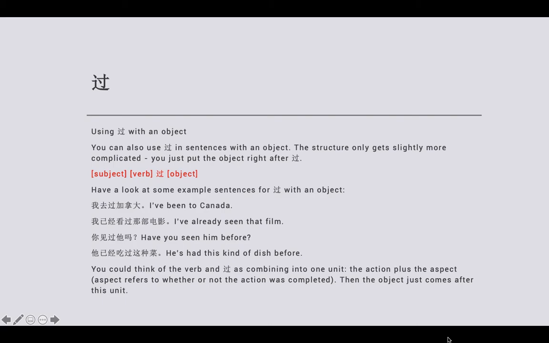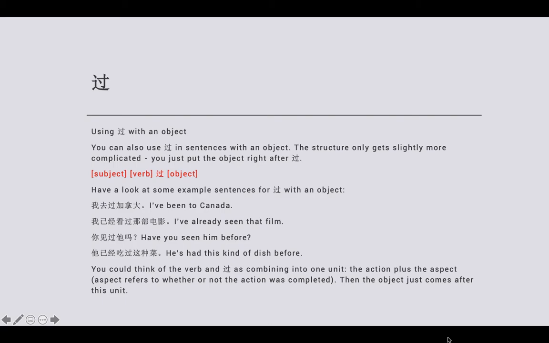So, for example, I have already seen that film. 我已经看过那部电影。Have you seen him before? 你见过他吗？He's had this kind of dish before. 他已经吃过这种菜了。And maybe it's a little bit difficult to absorb at the very beginning, but you can simply think of the verb and 过 as combining into one unit: the action plus the aspect.